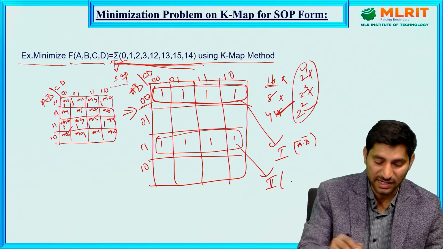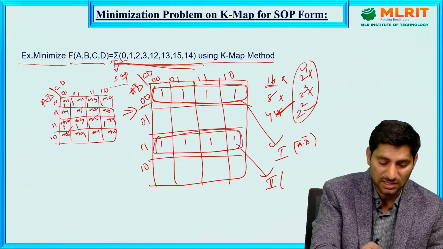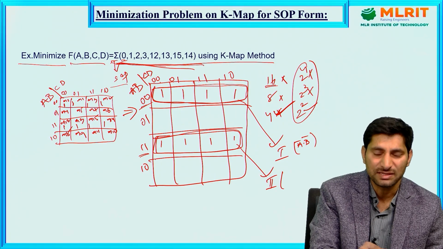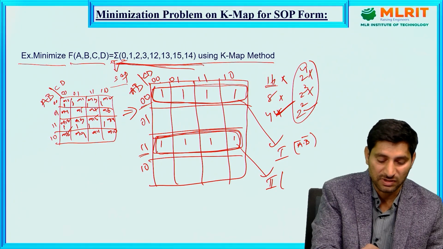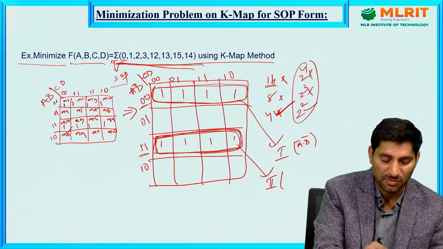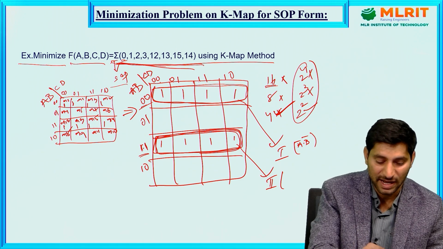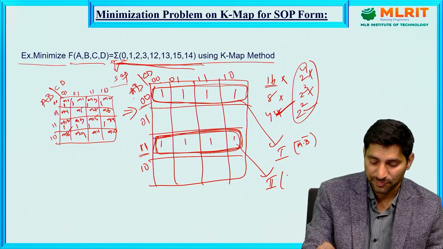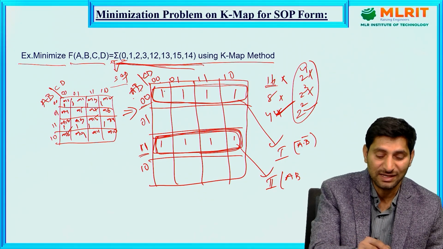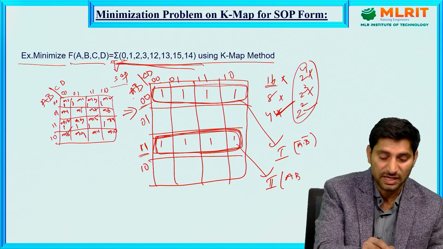Next, from the second group we can observe horizontally that 1, 1 is common. So 1, 1 means I can write A and B horizontally. At the same time I need to see the vertical cells, right?